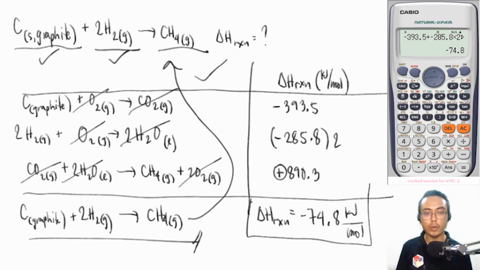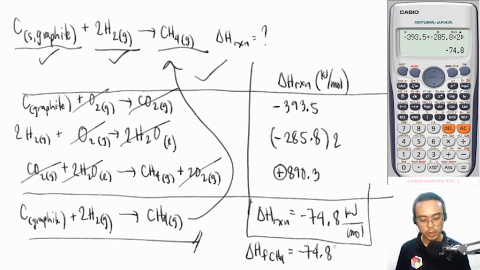our resulting equation is actually a standard molar enthalpy of formation reaction. Why? Because you only have one product, that's methane, its coefficient is 1, and your reactants are both elements at their standard states. Therefore, we can also say that the enthalpy of formation of methane is negative 74.8 kilojoules per mole.